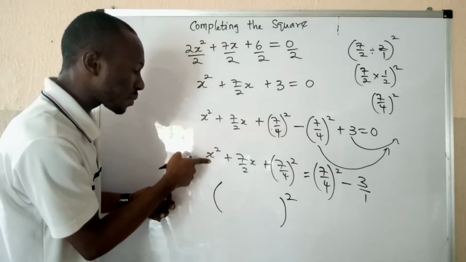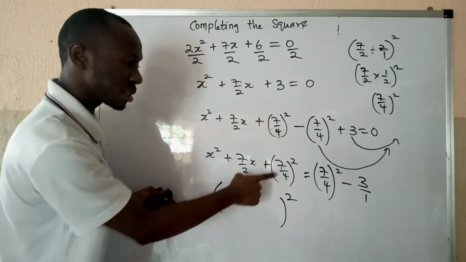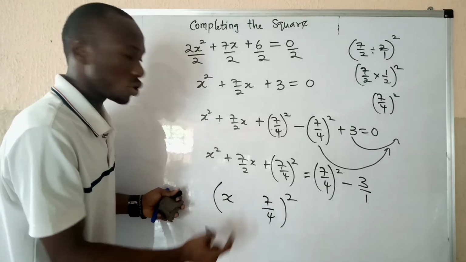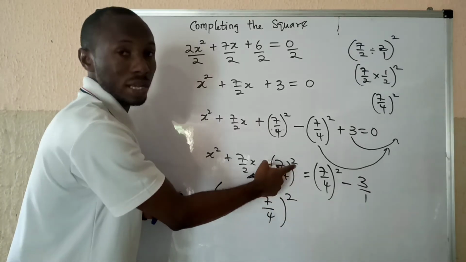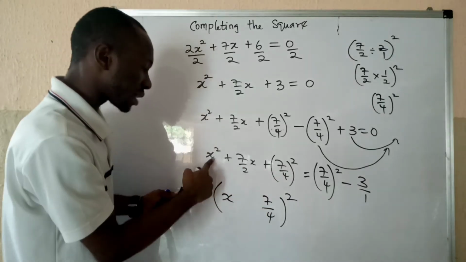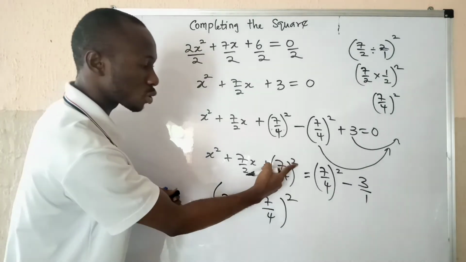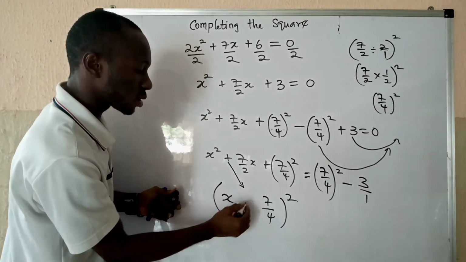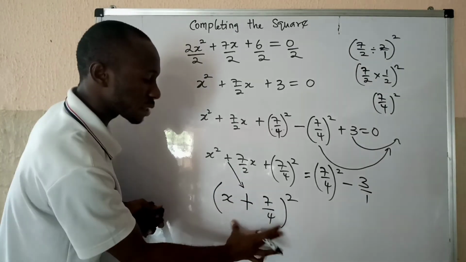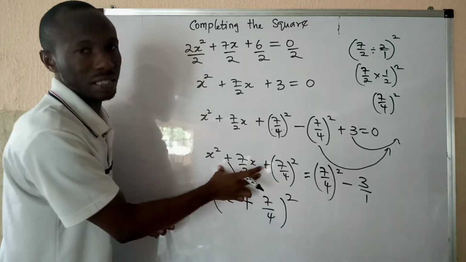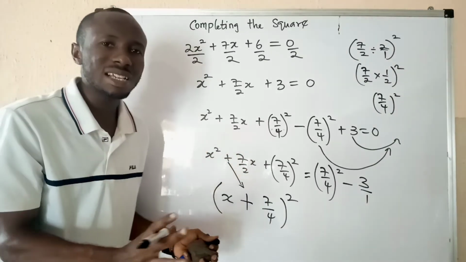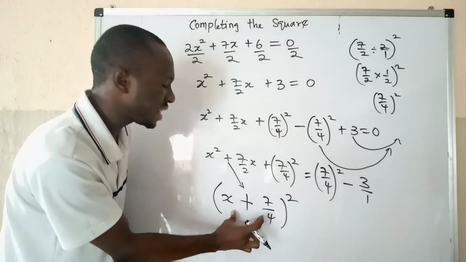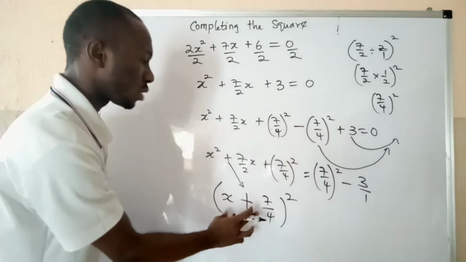This term that has a square will stay here, and this term, 7 over 4. Of course, you bring out their terms outside without the square, because we already have the square outside. Then the sign here will be plus. Now, if you expand this, you're going to end up with this expression. So that's the easiest way of writing this expression in its factor form or compact form. Then we are done with the left hand side.